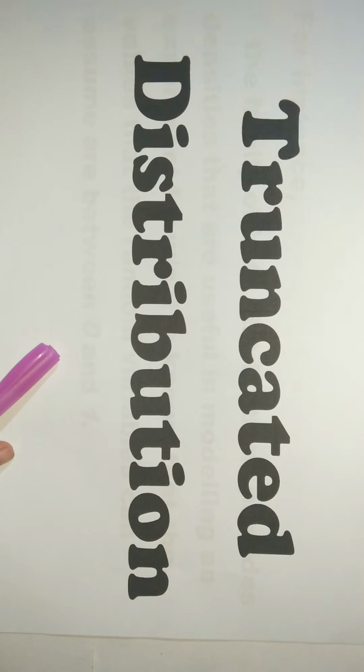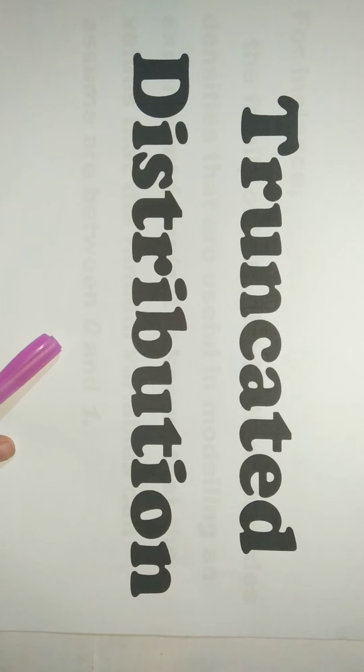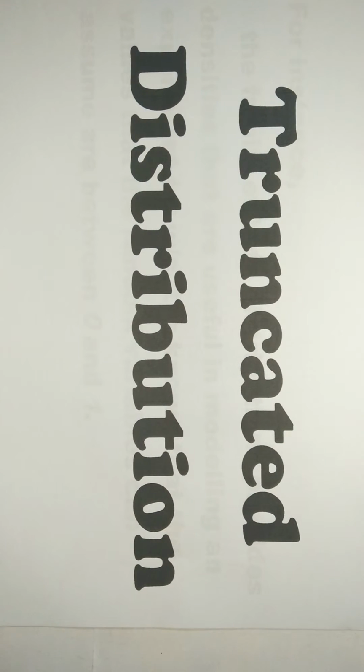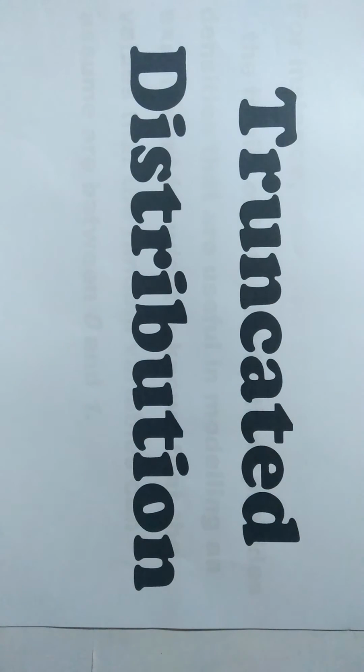For truncated distribution, in subsection 2.6, we indicated how truncation could be employed to generate new families of discrete densities. Truncation can also be utilized to form other families of continuous distributions.